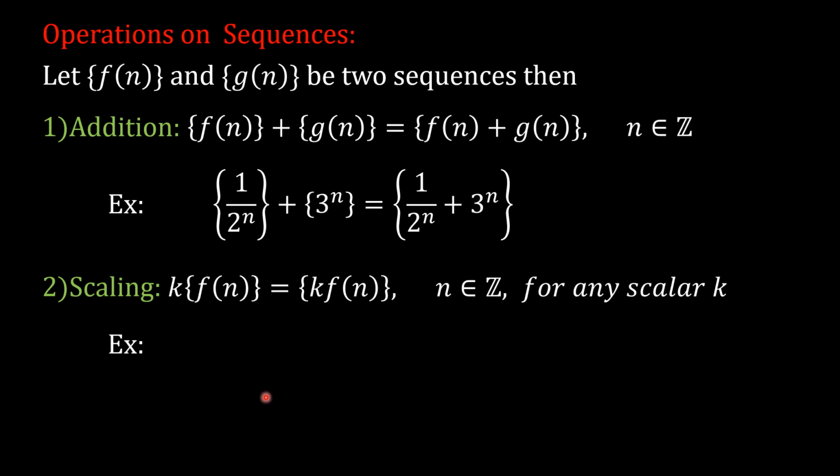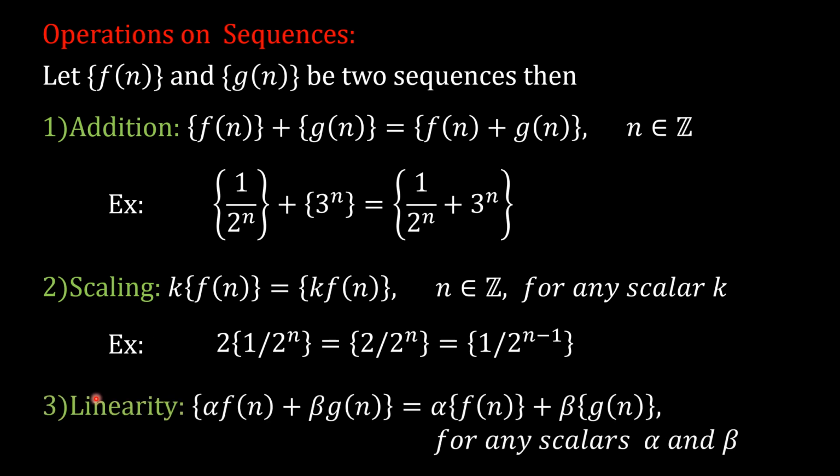For example, if we consider the sequence 1 upon 2 raised to n and multiply it by the scalar k equal to 2, it gives us 2 upon 2 raised to n, and simplifying we get 1 upon 2 raised to n minus 1. Here we have multiplied each element of this sequence by 2. So that is the scaling operation.